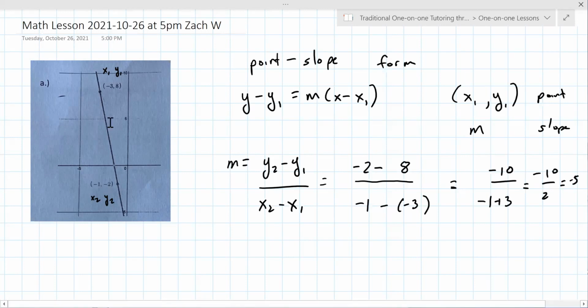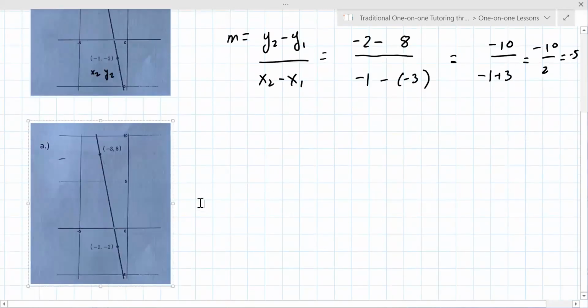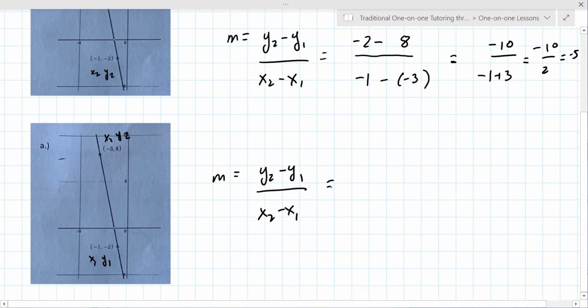I think that's the part I kind of get. My only issue is just knowing which one is which. Let's do this part here where we call this x1, y1, x2, y2. Let's just go through that again, because I want you to see it, and I really think you'll appreciate this.